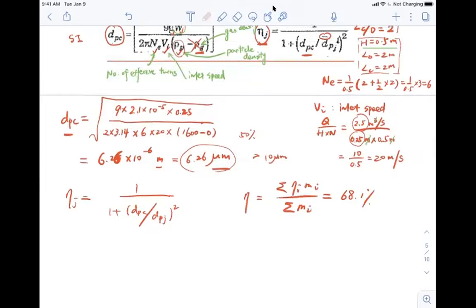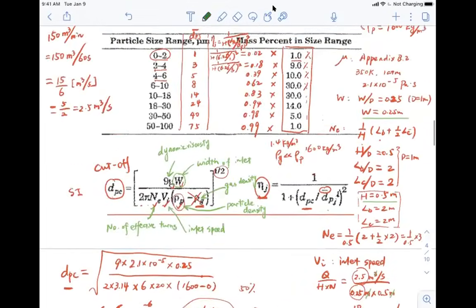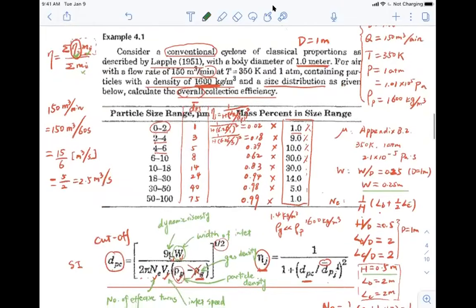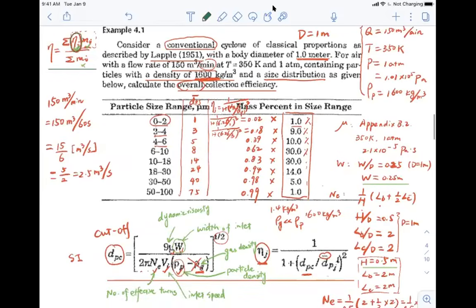All right, so basically what we did is for this problem, in order to calculate the overall efficiency, we have to refer to this equation here, okay? So we actually trimmed down to the question of how to find all of these different efficiencies in different sizes, right? And we know that for the cyclone, in order to find the efficiency, we need to first find out what is the cutoff size. So that's why the question got converted into how to find all of these parameters in this equation.